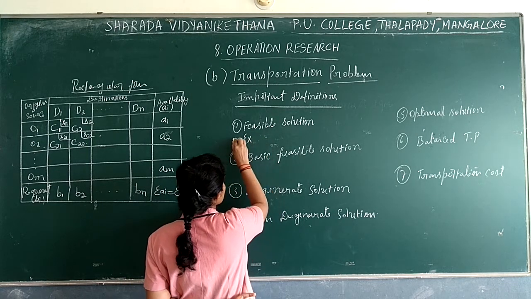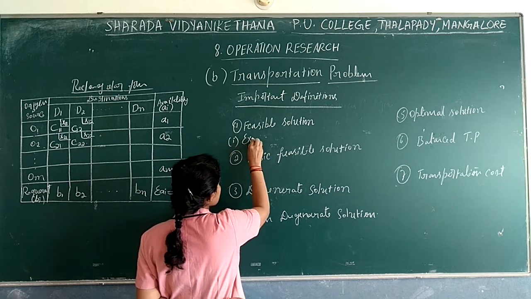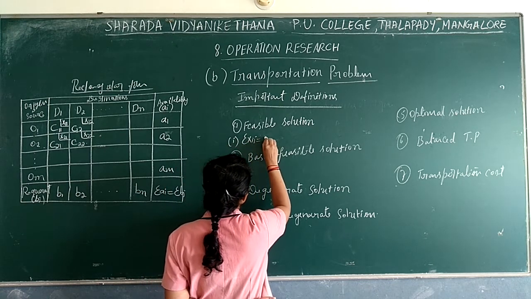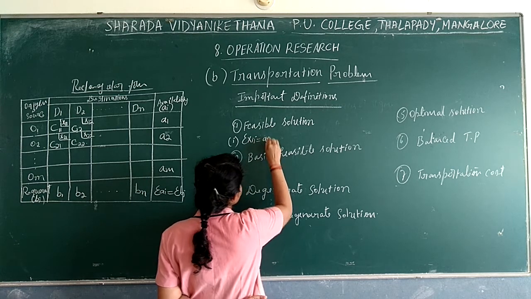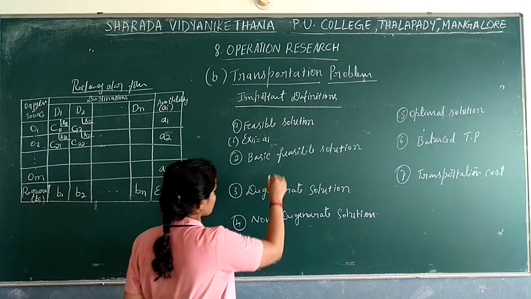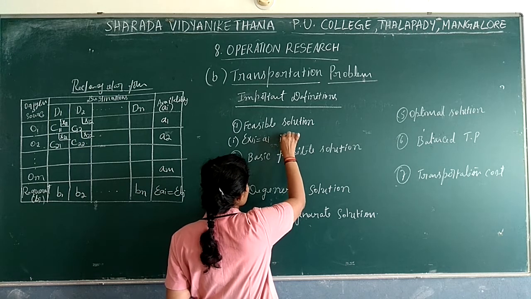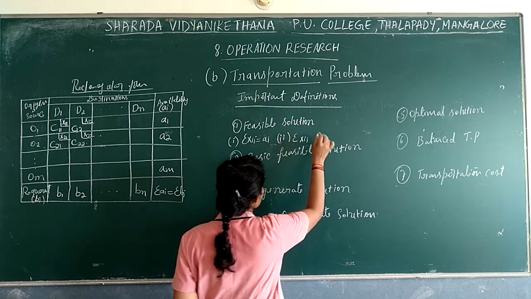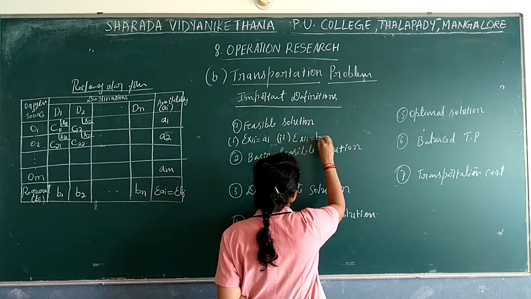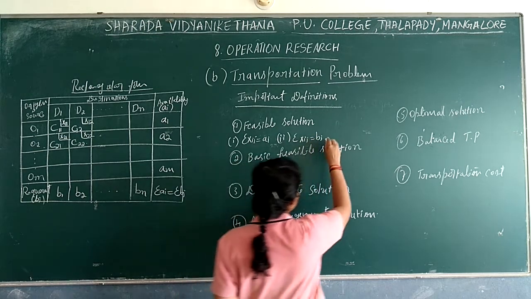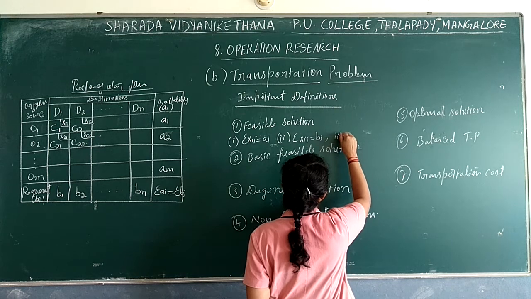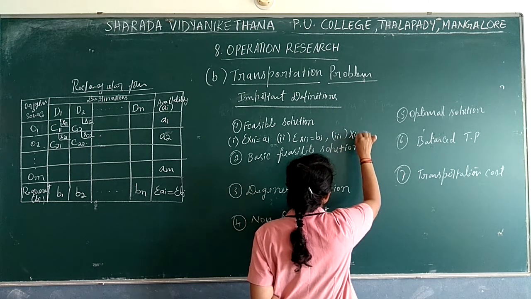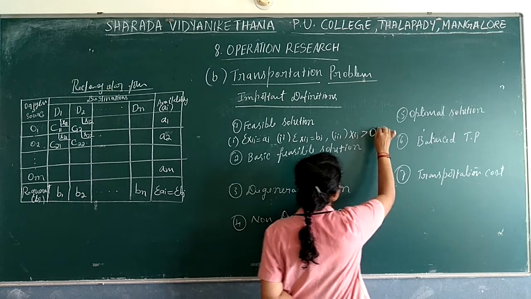First condition, sigma xij is equal to ai. Second one, sigma xij is equal to bj. Then the third one, xij is greater than or equal to 0.